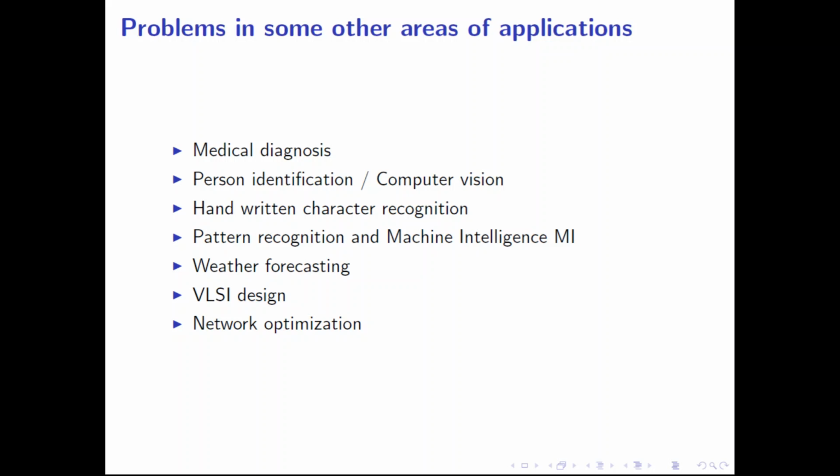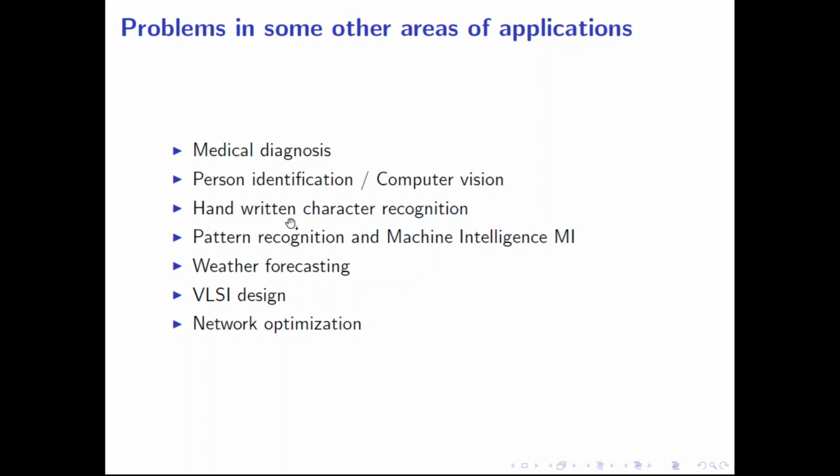Or take person identification or a computer vision problem like face recognition. Here the system can only say that up to 90% probability this face is matching this person, but it cannot say 100% that this image represents that person only. These are some of the problems which cannot be handled using hard computation.